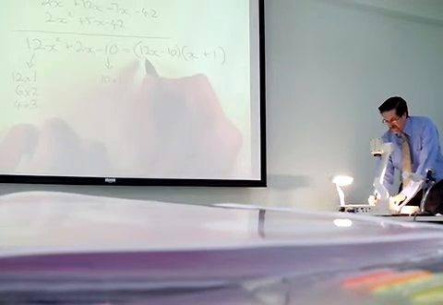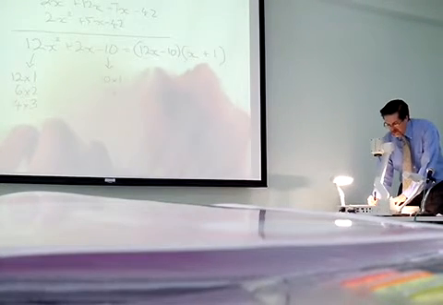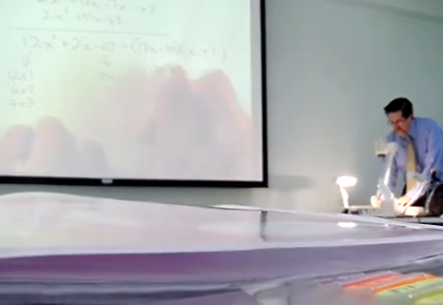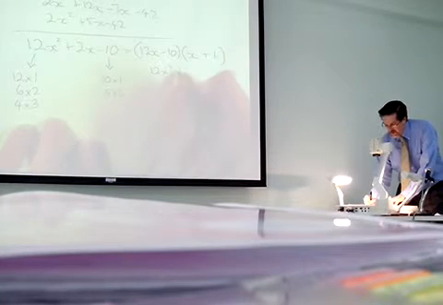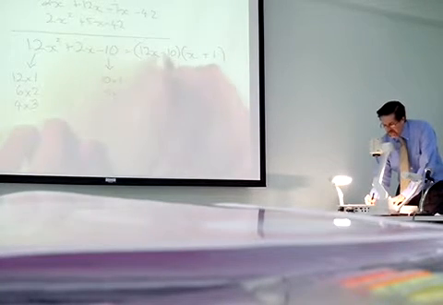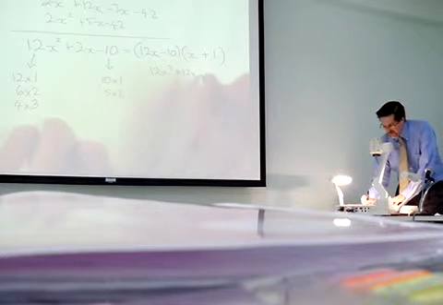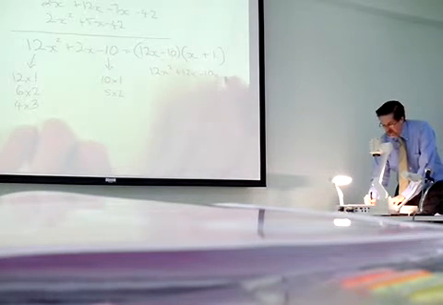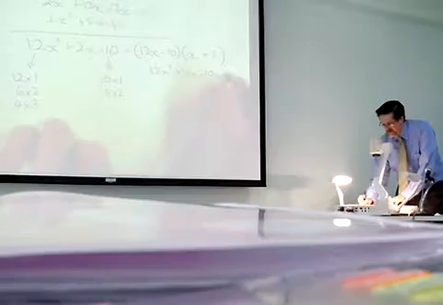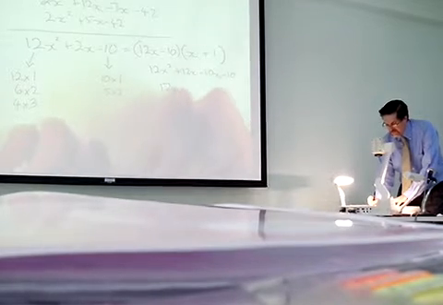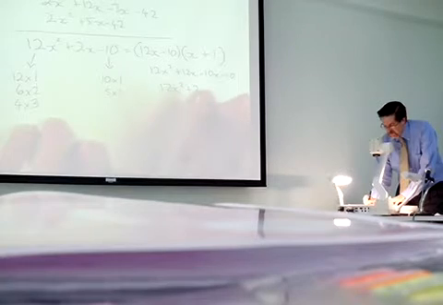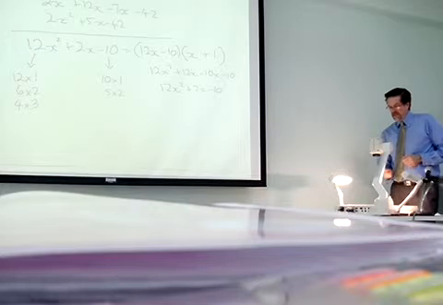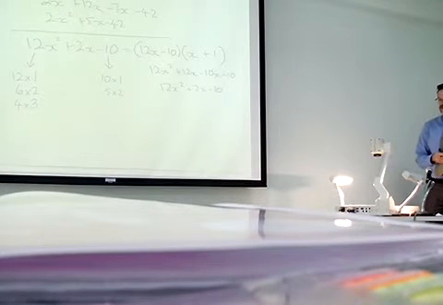So let's check. 12x times x is 12x squared. 12x times 1 is 12x. Minus 10 times x is minus 10x. And then minus 10 times plus 1 is minus 10. So it seems that we have the right factorization.